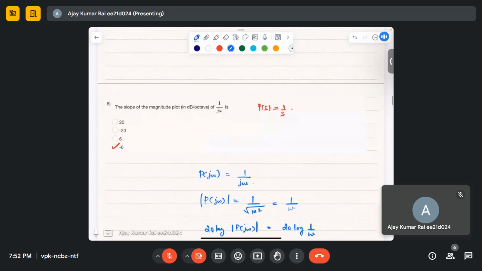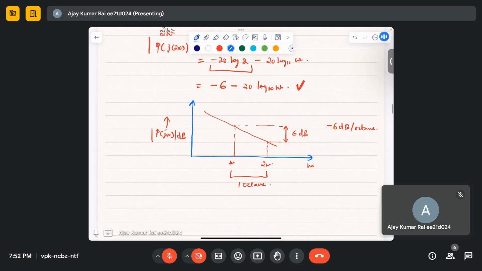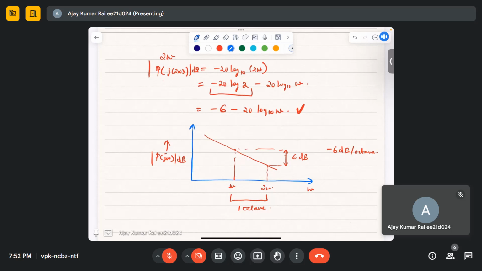In terms of octave, you take omega double the present value. You take omega and 2 omega and find the magnitude, and you will see that for 2 omega the magnitude is decreased by 6 dB. So minus 6 dB is the change per octave.